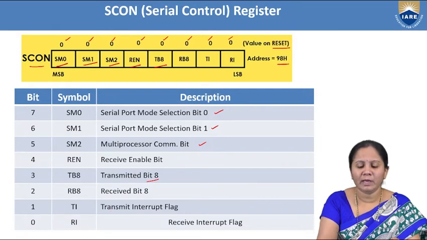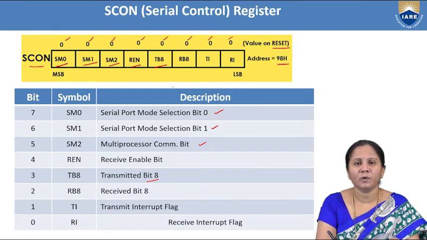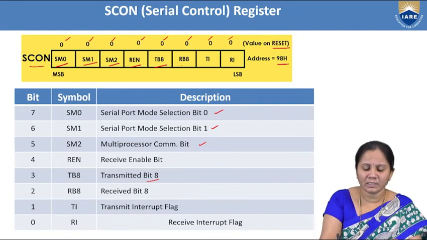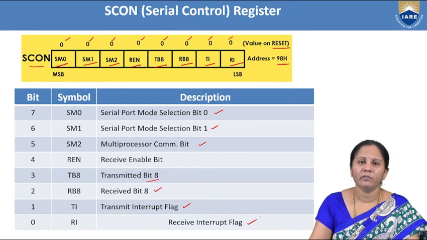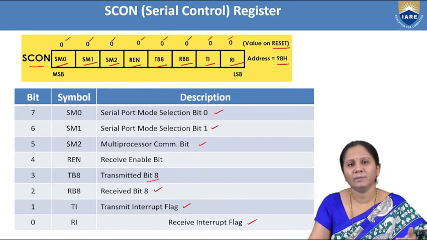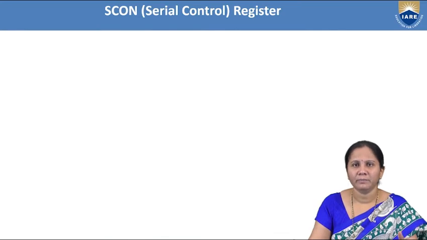With the help of this register, it is possible to know how many bits are transmitted and received. Next is RB8, the received bit 8. TI and RI indicate the transmit interrupt flag and receive interrupt flag. These two flags are set after transmitting and after receiving the data.